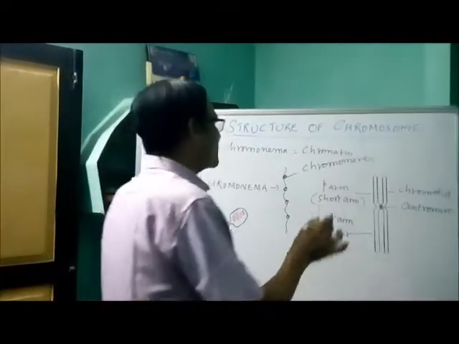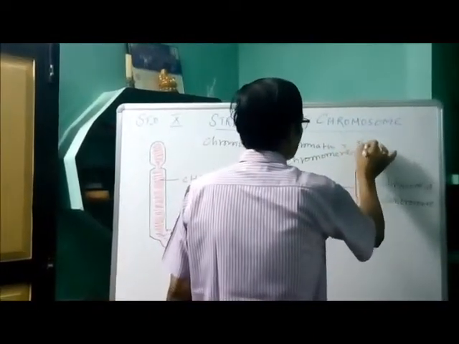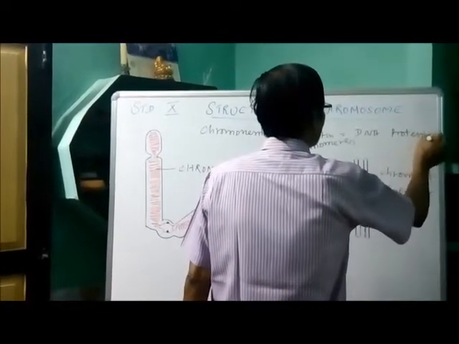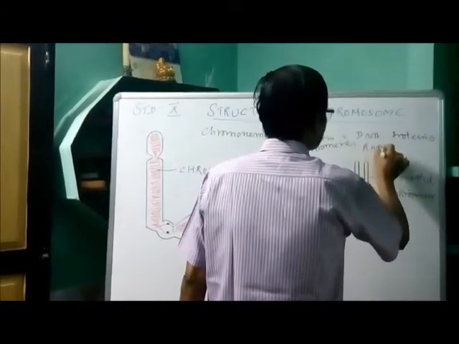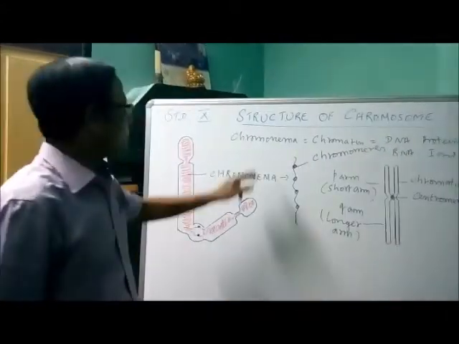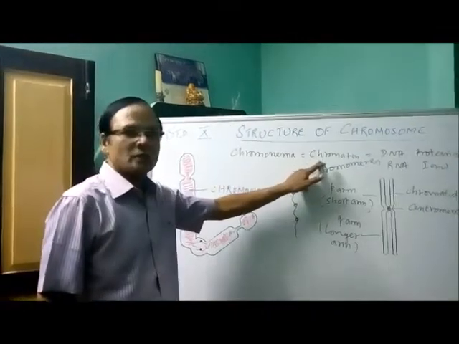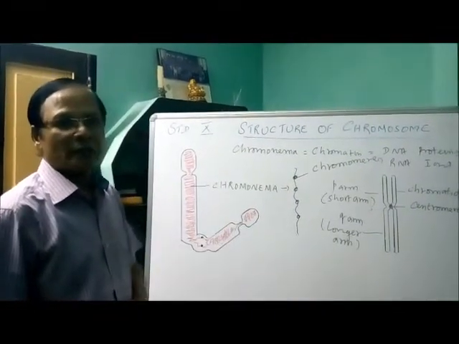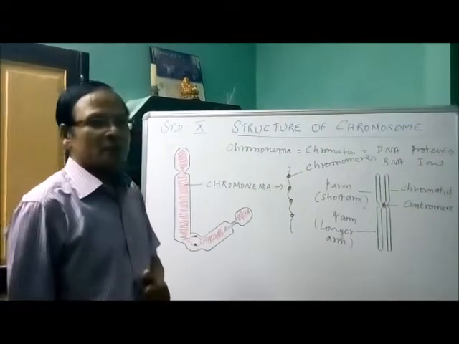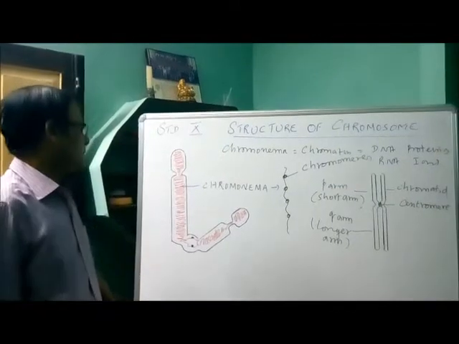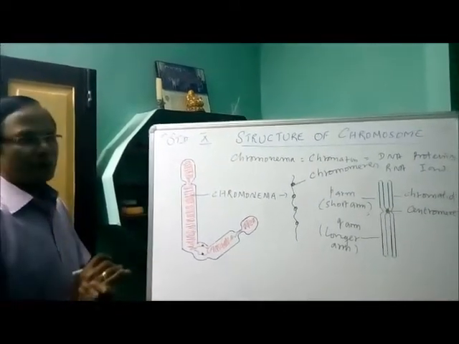The chromatin fibers are made up of DNA, proteins, RNA, and some metallic ions. So, the terms chromonema and chromatin are similar. They are made up of a linear chain of DNA with proteins along with RNA and other metallic ions. Then, what are the other components?